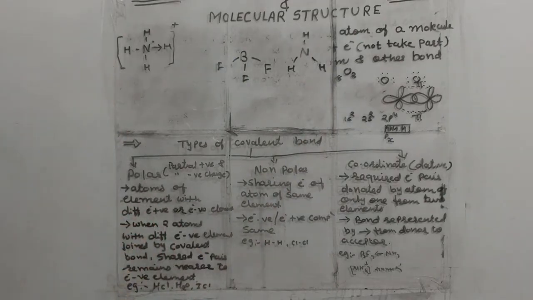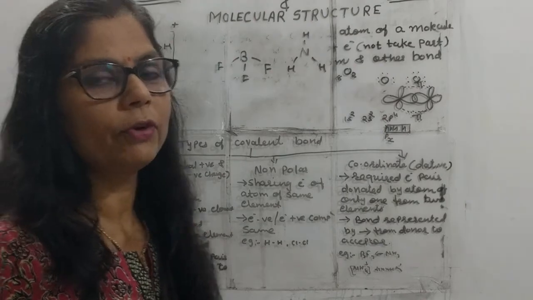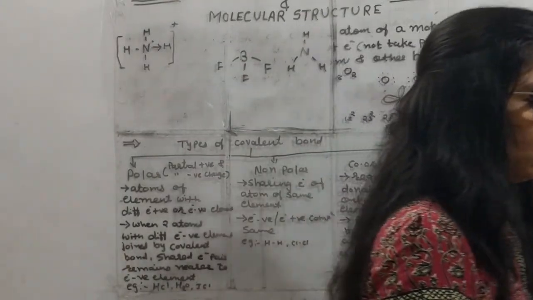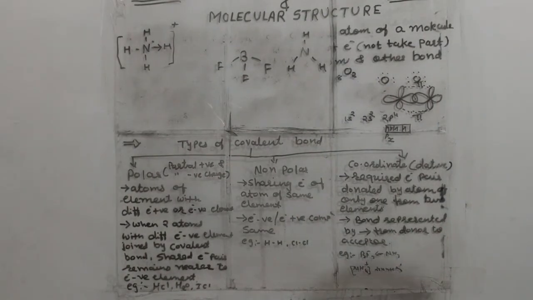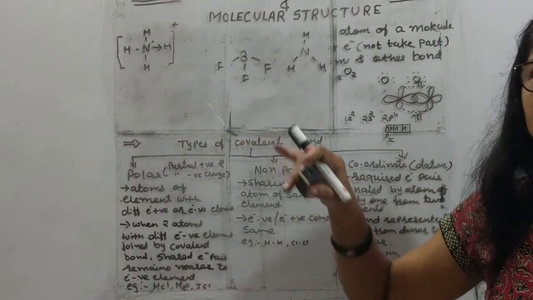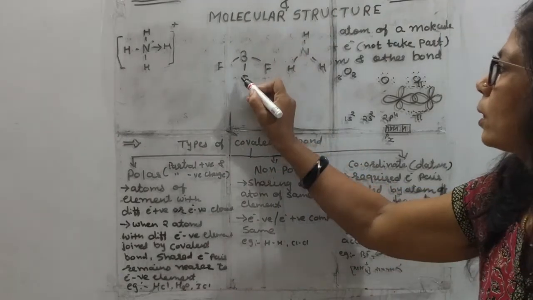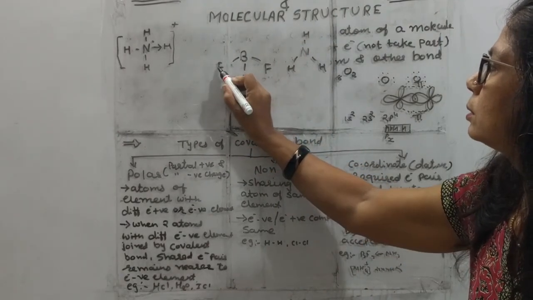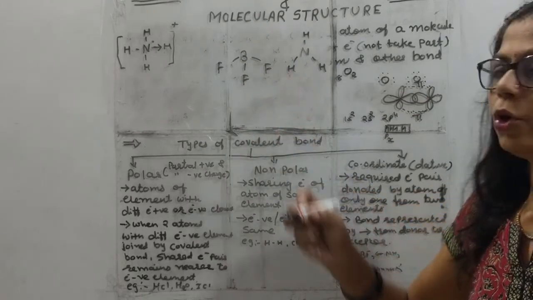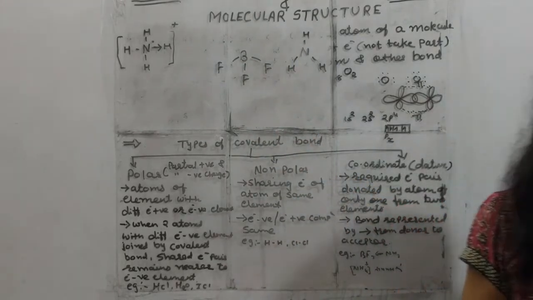BF3 and NH3, student. Now, what is the number of valence electrons for boron? Here it is boron. So you know that boron is atomic number 5.